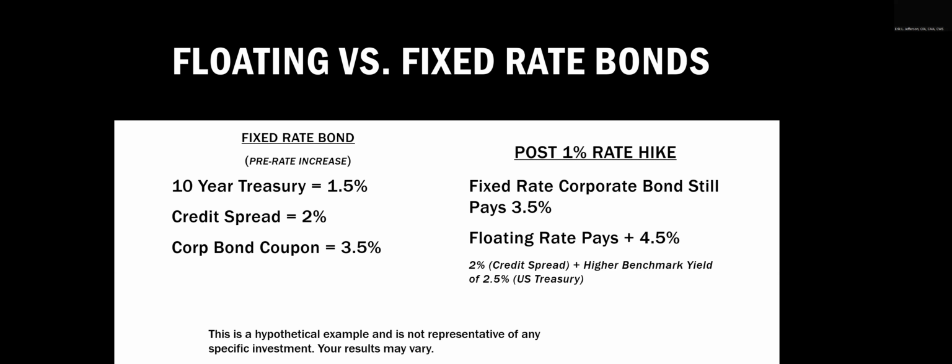One of the ways that we've elected to position fixed income is by leveraging floating rate, which at the end of the day works in your favor, as you, the investor, are now receiving more income on an annual basis as a function of those higher rates, which in turn protects against price depreciation relative to a bond investor that owns that 3.5% bond when the benchmark fair value is significantly higher.